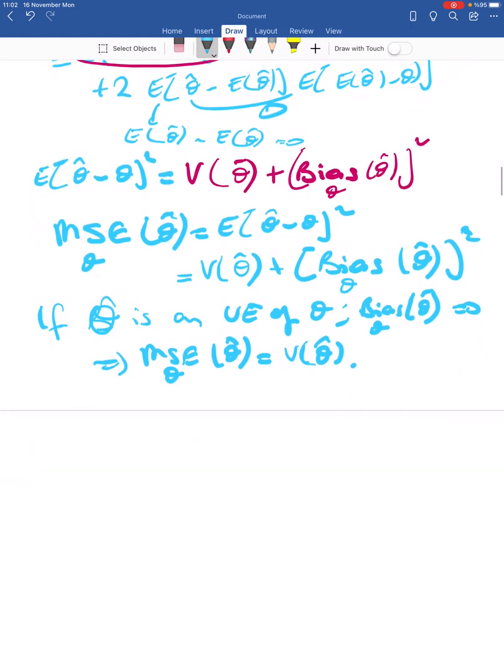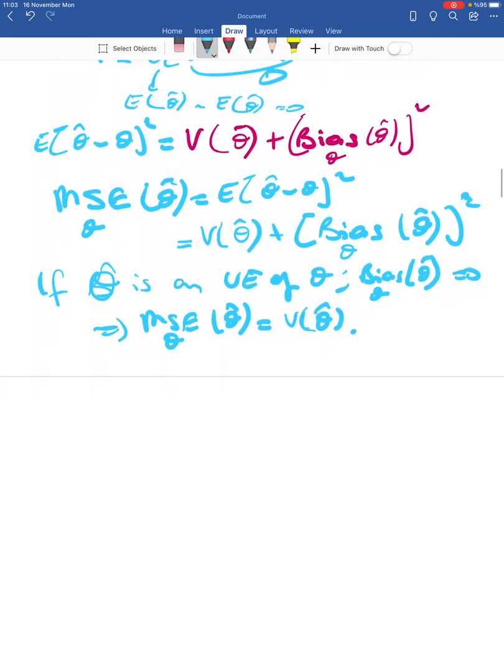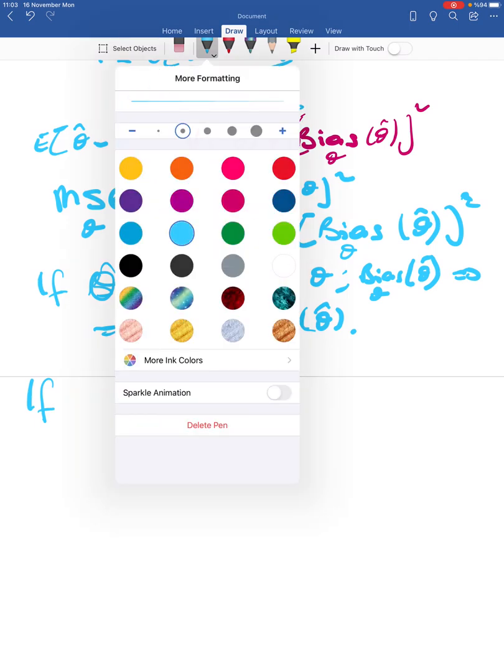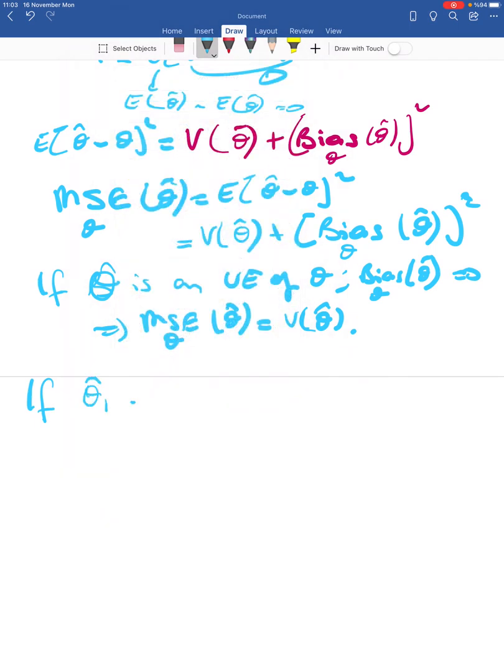Okay, so how can we use these mean squares? Let's say we have 2 estimators, or more than 1 estimator, to estimate an unknown parameter theta. Let's say theta 1 hat and theta 2 hat are estimators of theta, one of them MLE, one of them MME.